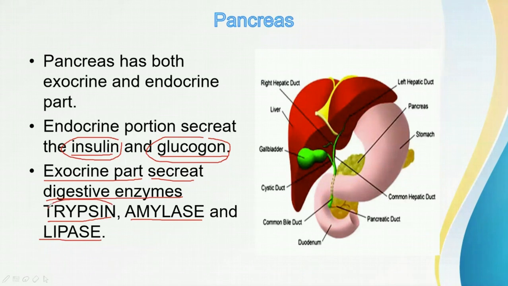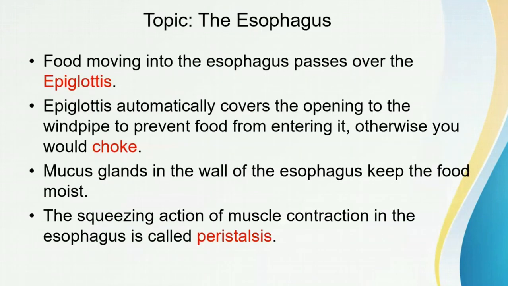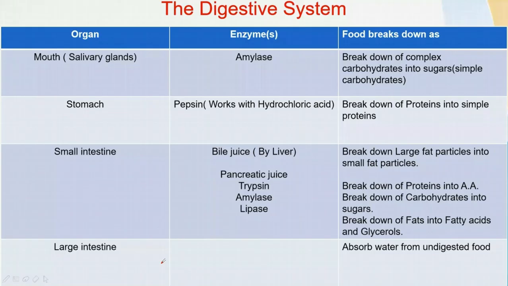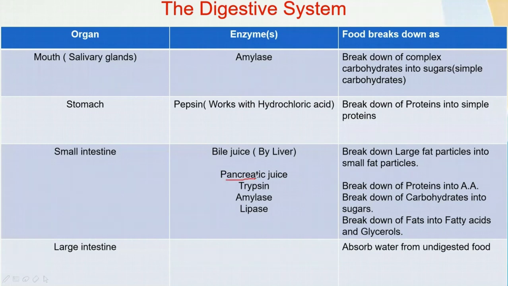Those are trypsin, amylase, and lipase. Here on the screen you are seeing the pancreatic juice. It has three types of enzymes: trypsin, amylase, and lipase.